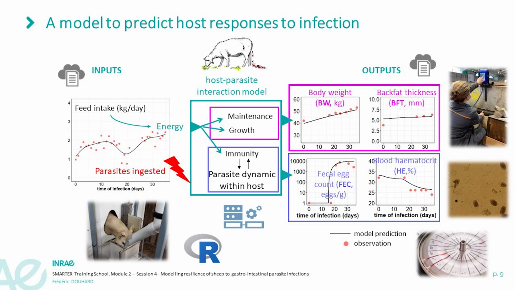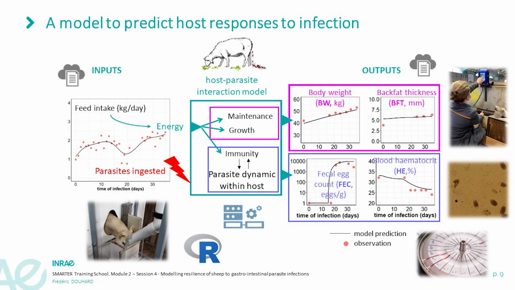And as I told you before, we'll use R. I propose that we open the script and that we process together with the PowerPoint here. Everybody received the script that I sent.